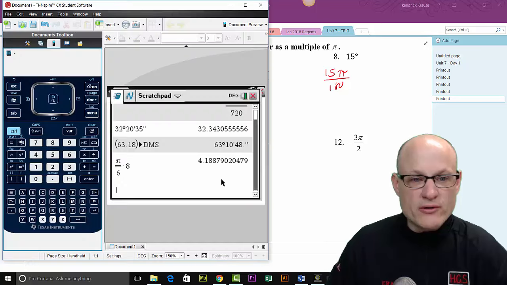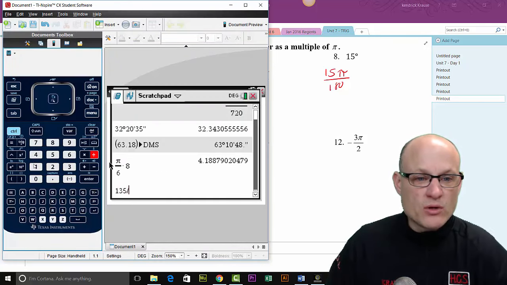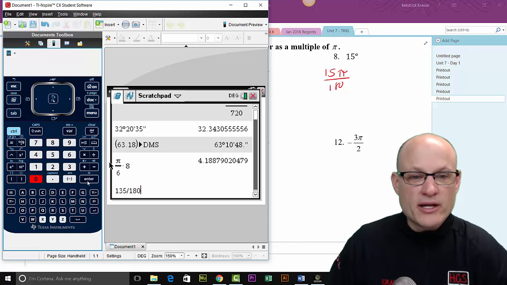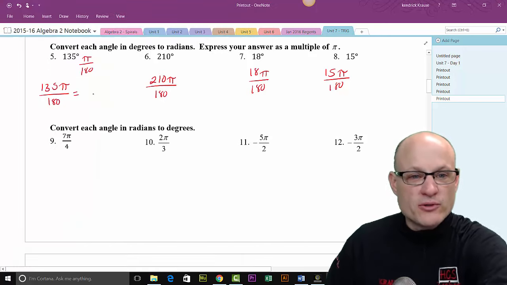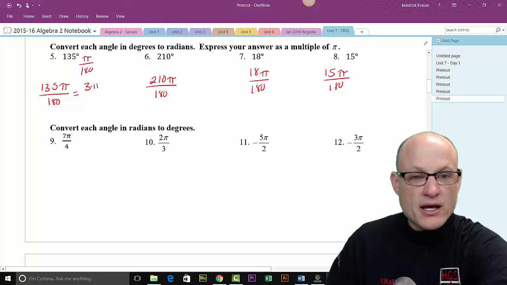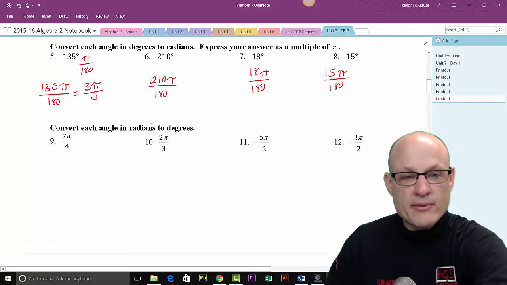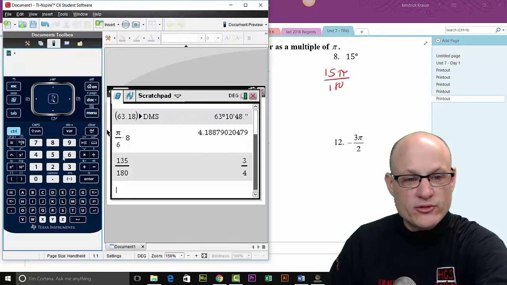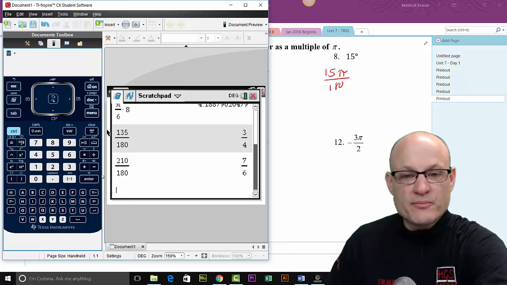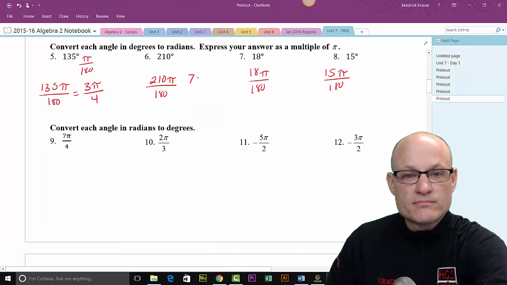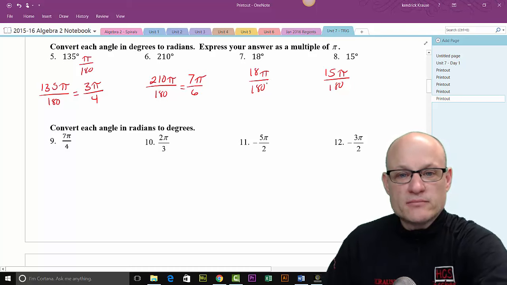So I take my calculator, 135 divided by 180. It tells me a nice little fraction, 3/4. So this one is really 3 pi over 4. Remember, you're going to grab your calculator for this. 210 over 180, just don't put in the pi. 7 pi over 6. 18 over 180, well, that's easy.